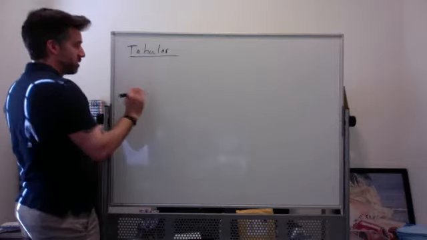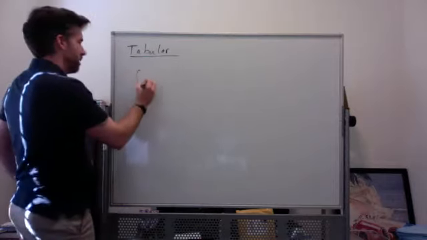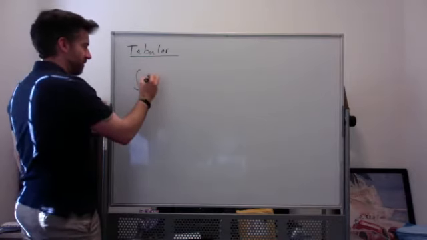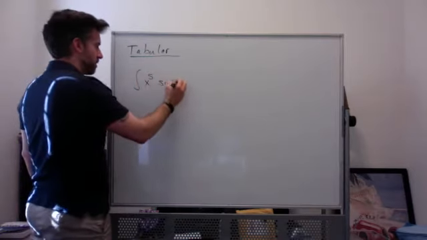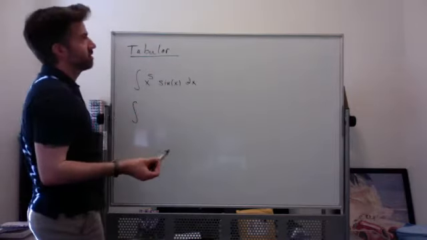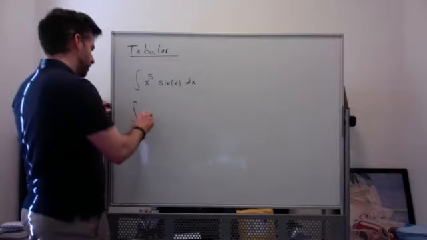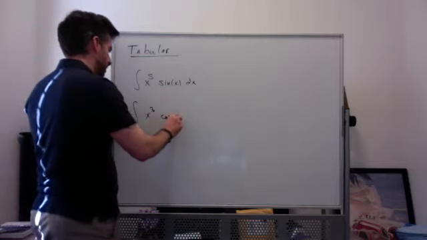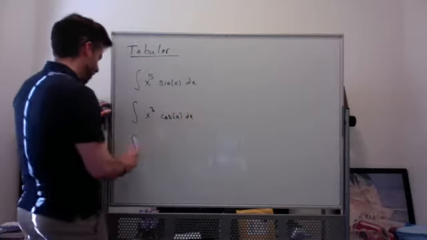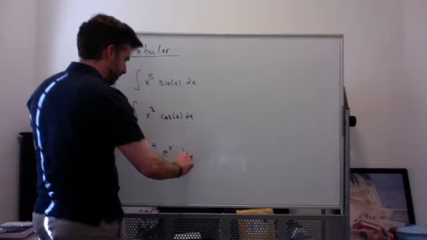So the tabular method you can use for 3 and only 3 types of integrals: x to a power, like x to the 5th times sine of x, or x to a power times cosine of x, or x to a power times e to the x.